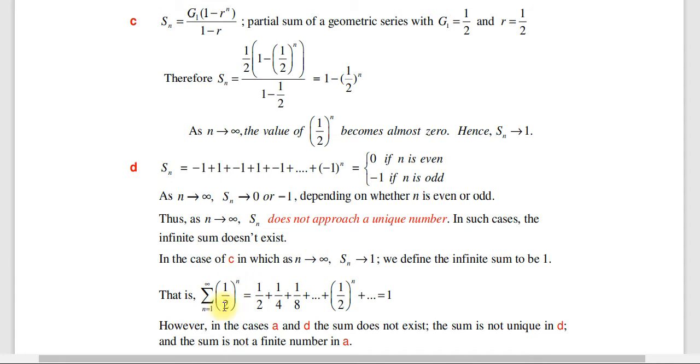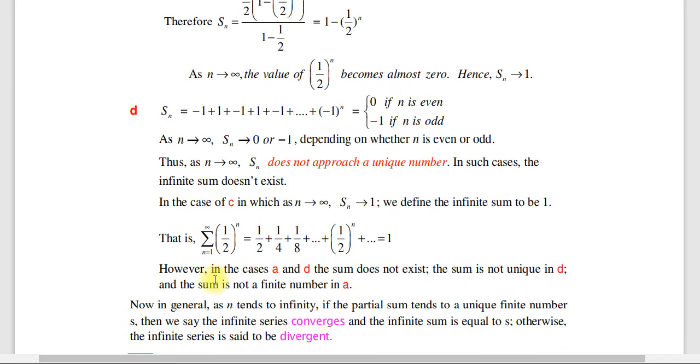ለምሳሌ እዚህ ጋር the summation of 1 over 2 to the power of n ማለት 1 over 2 plus 1 over 4 plus 1 over 8 plus 1 over 2 to the power of n is equal to 1. ለምን? አሁን እዚህ ጋር እንየው። አሁን ምንድነው የሚለው?